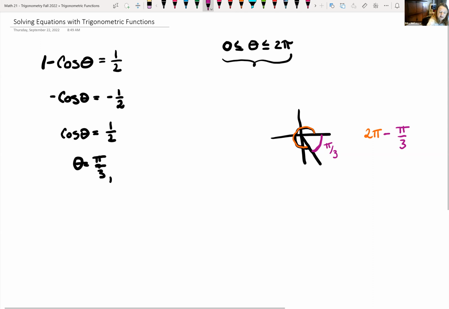So that would have to be 5 pi thirds. So theta is pi thirds and 5 pi thirds, the two angles between 0 and 2 pi that would give us cosine of that angle is 1/2.